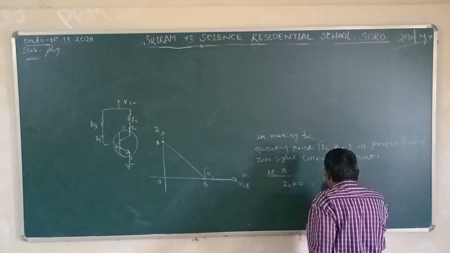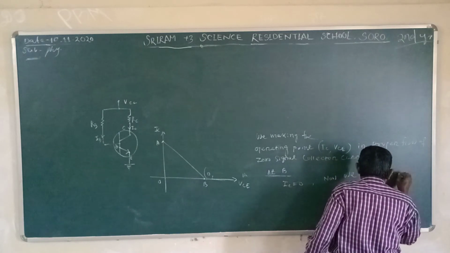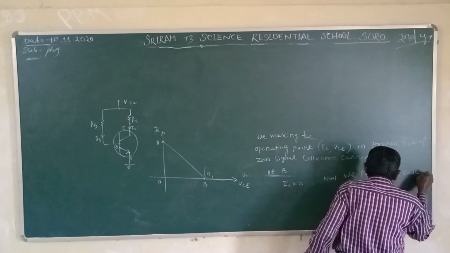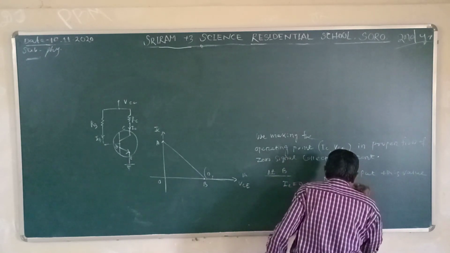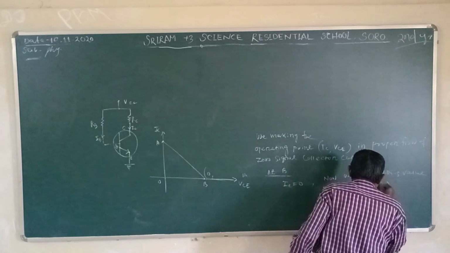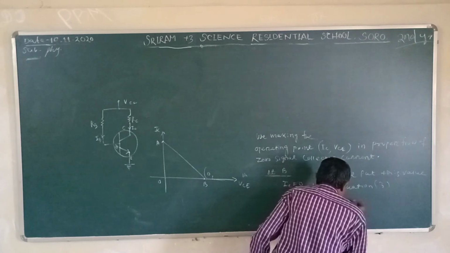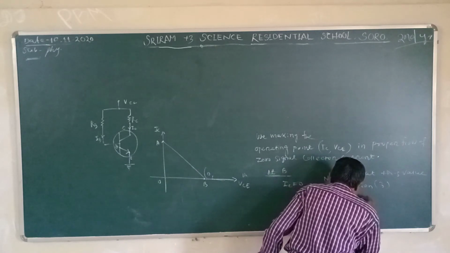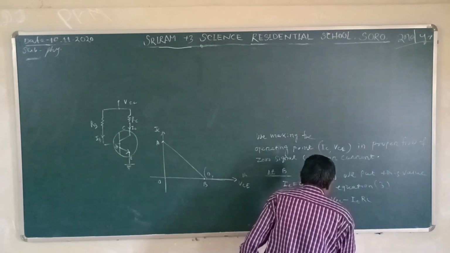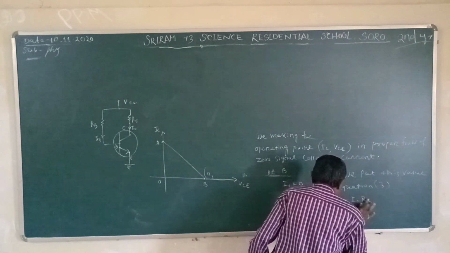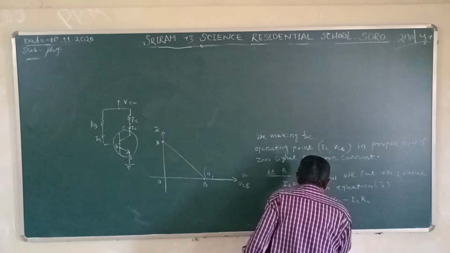Now we put this value in equation 3: VCC minus ICRC is equal to VCE.